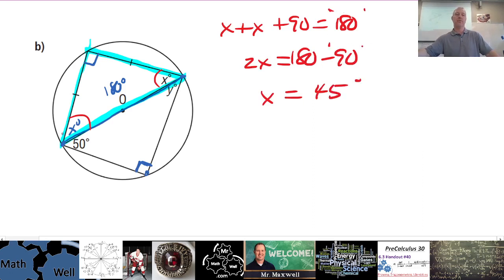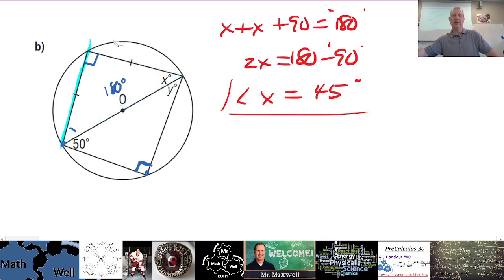So angle x is 45 degrees. Everyone see that? This is a right triangle, and it's an isosceles right triangle. Now, can I assume that y is the same as x because it looks pretty close? That's a tough one to assume. You probably shouldn't do that.